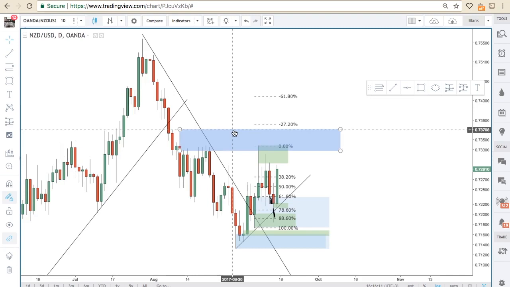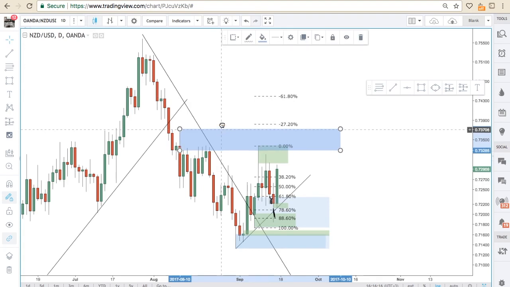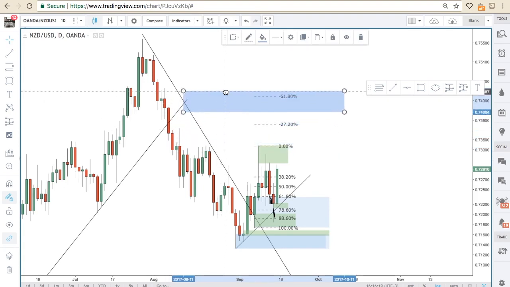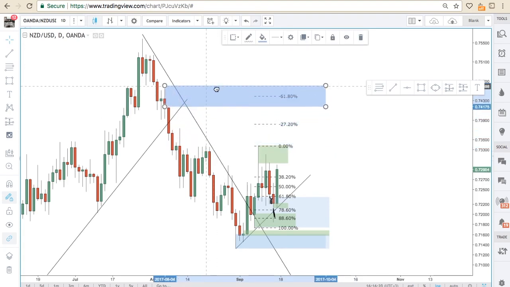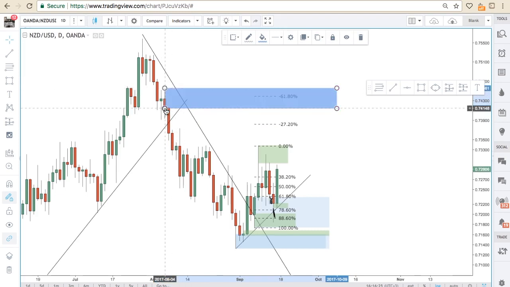So where do I think this is going to go? Well, based on the Fibonacci extensions and where I see the next zone, where's the next zone at? Right here. We have wick to the body. You can draw it here, or if you want to be a little safer, you can draw this one, because this candle wasn't a full momentum candle. It was more like a big doji.